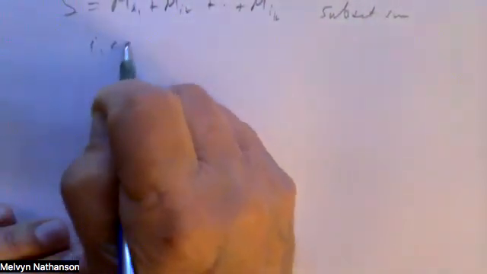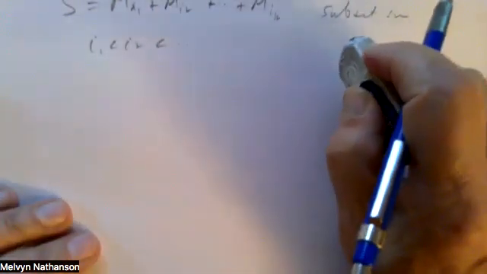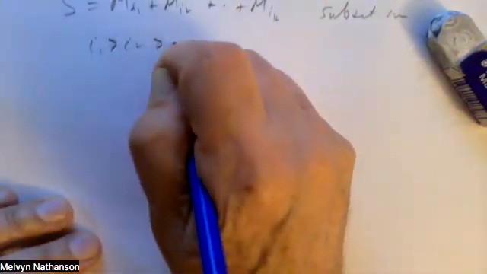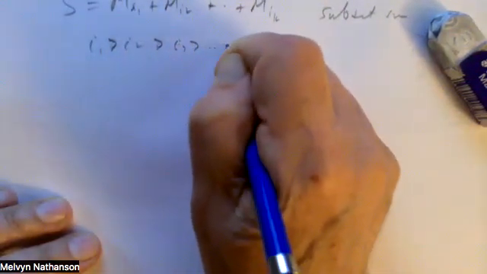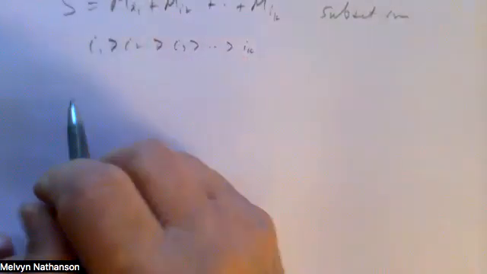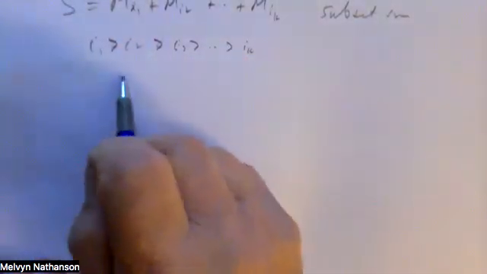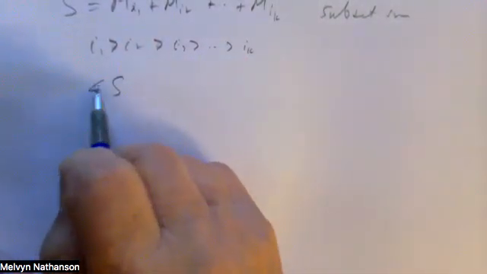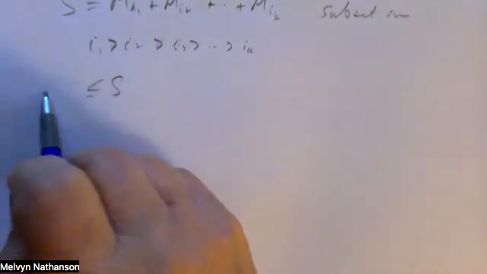And I1 is greater than I2, greater than I3, greater than I sub K. Okay. So what can I say about S? S is greater than or equal to M sub I1 because that's one of the summands.